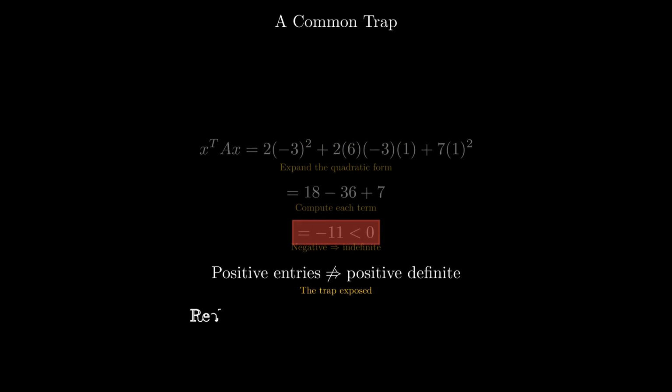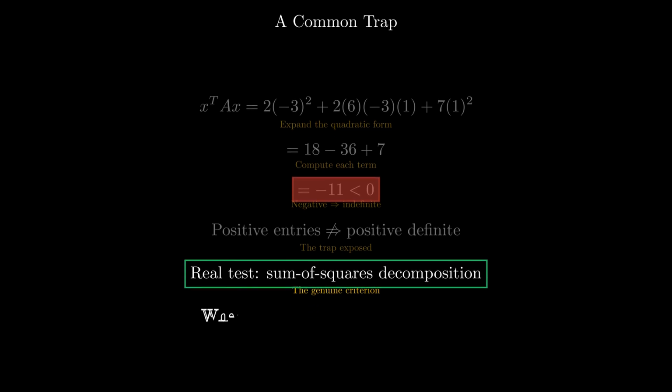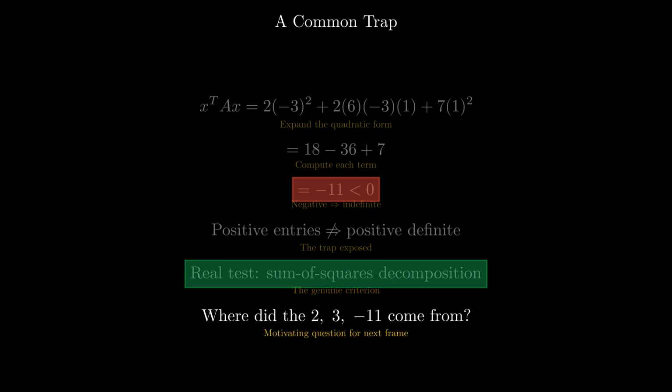The sum of squares decomposition is the real test, which raises a natural question. Where did those numbers, the 2 out front, the 3 inside the square, and the minus 11, actually come from? Let's run Gaussian elimination on the matrix A with diagonal entries 2 and 20, and off-diagonal entries both equal to 6. The first pivot is the leading entry of row 1, which is 2.